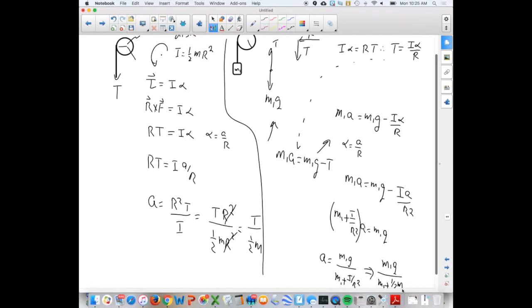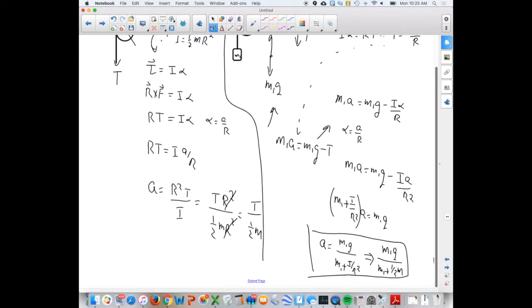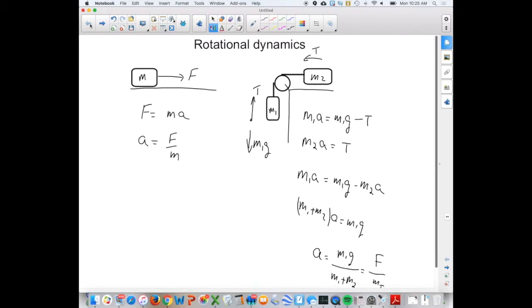So that makes sense. But notice that this result here is really not all that different from what we saw here.